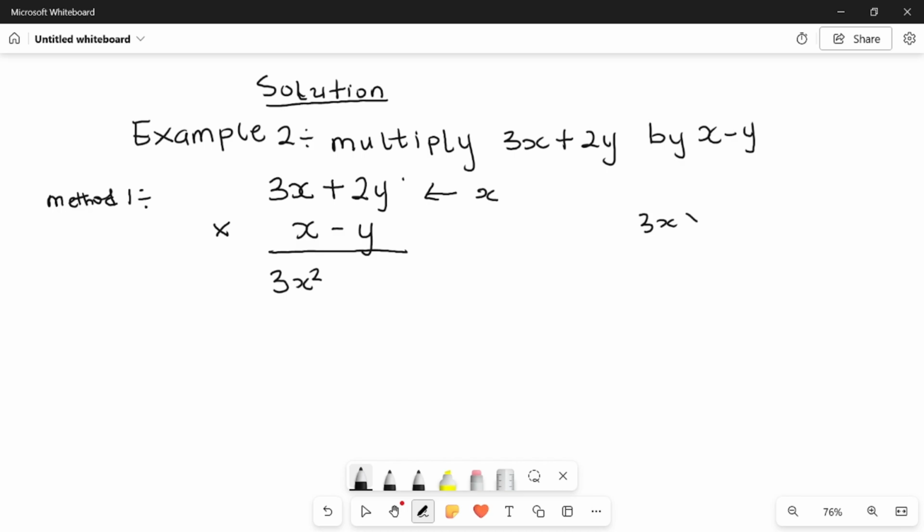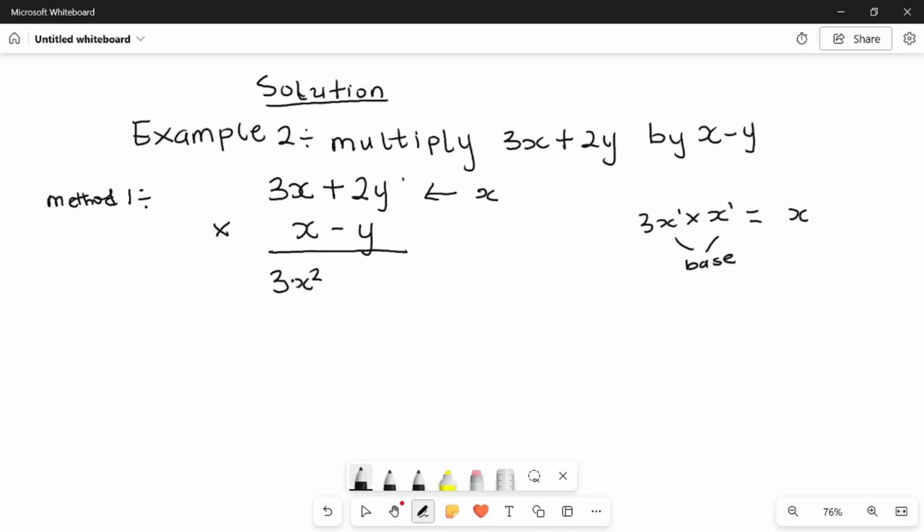3x times x. For x and x, they have the same base. Like from our previous laws, when we are multiplying the same base, we add their powers. So you write the common base x. The power here is 1 and the power here is 1, because any base raised to power 1 is itself.